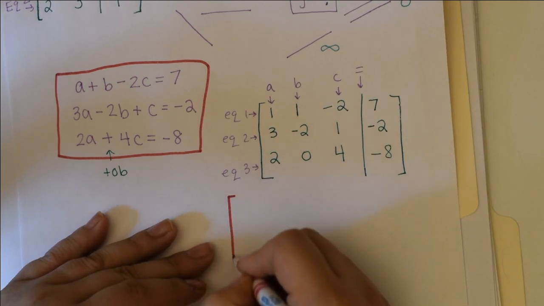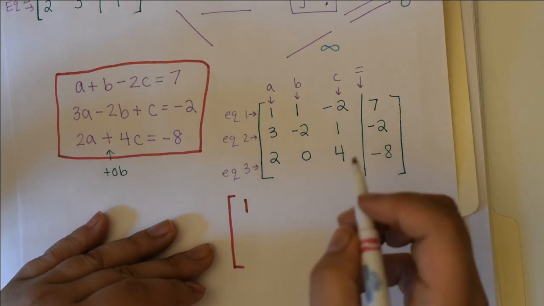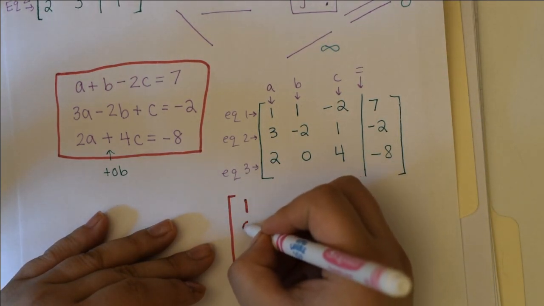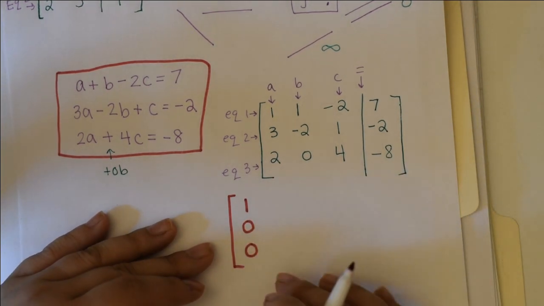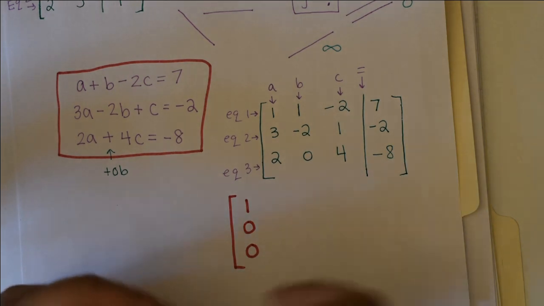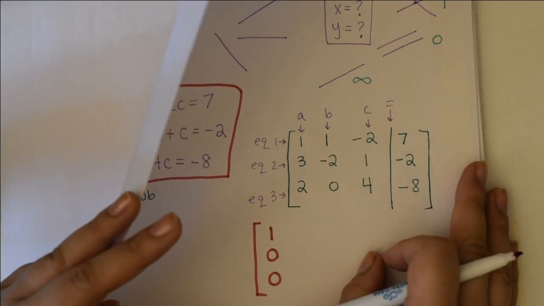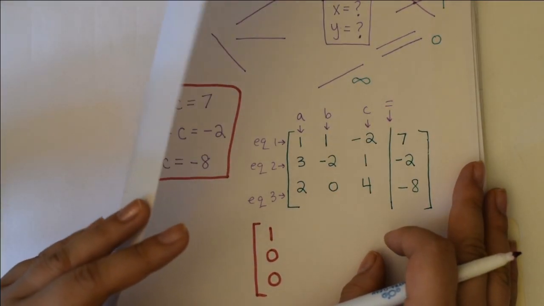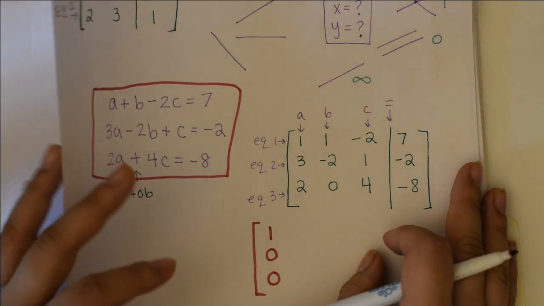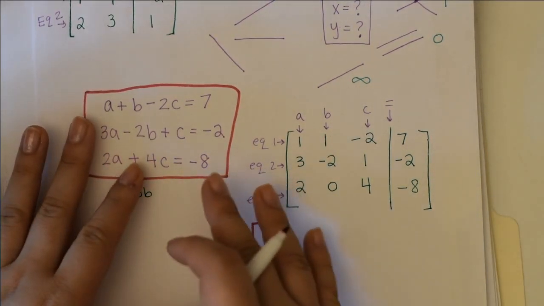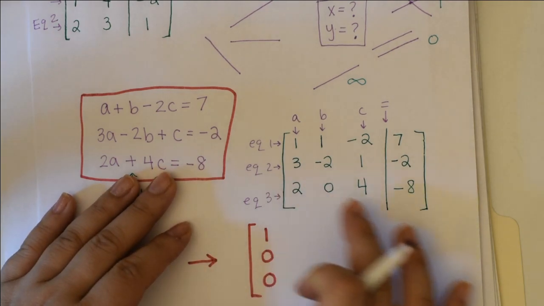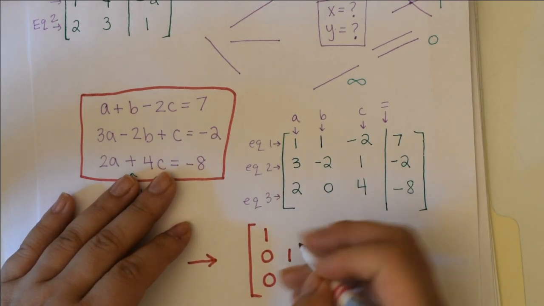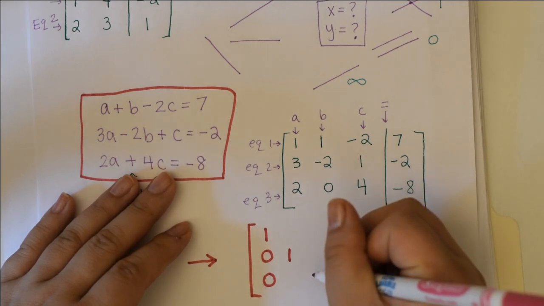We're going to try and get to 1, 0, 0, and it really does depend on how many solutions you have, but I'm just talking about the most basic case. Essentially you want it to be like a staircase going down with your ones.